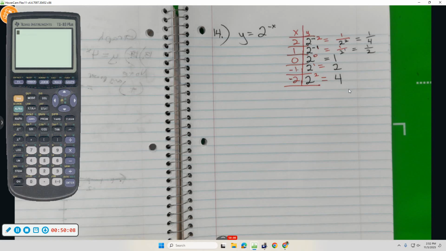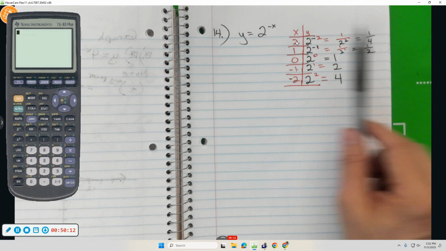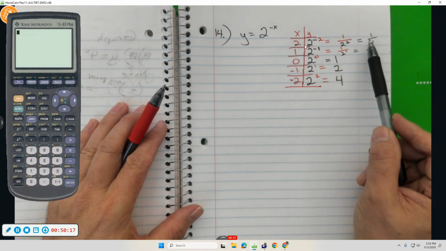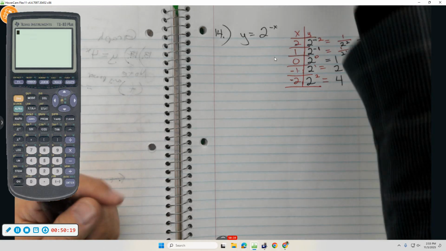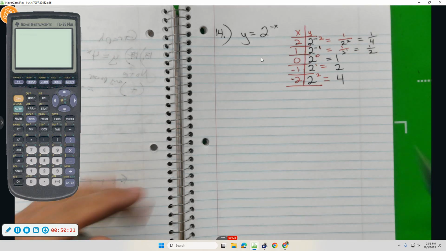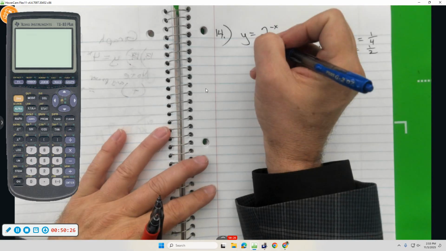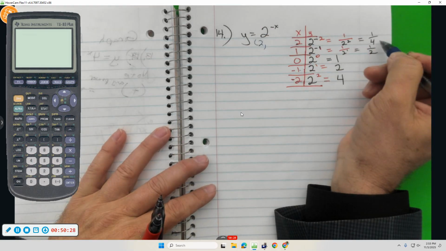Y'all see the ordered pairs that we generated? I should have put the table over here and written the ordered pairs out beside it. But y'all see we have 2, 1/4.